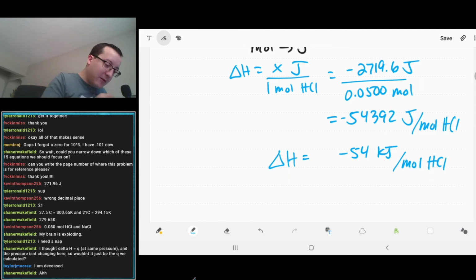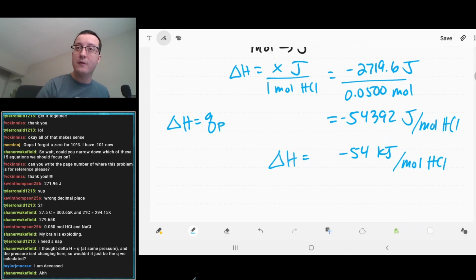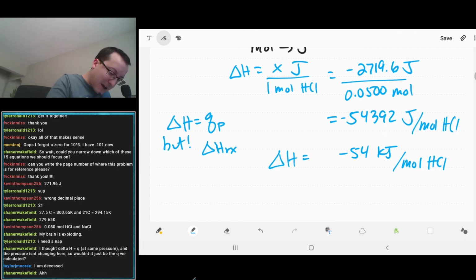It is absolutely correct what you've said, that delta H is equal to Q. For sure. But delta H for a reaction uses the coefficients.